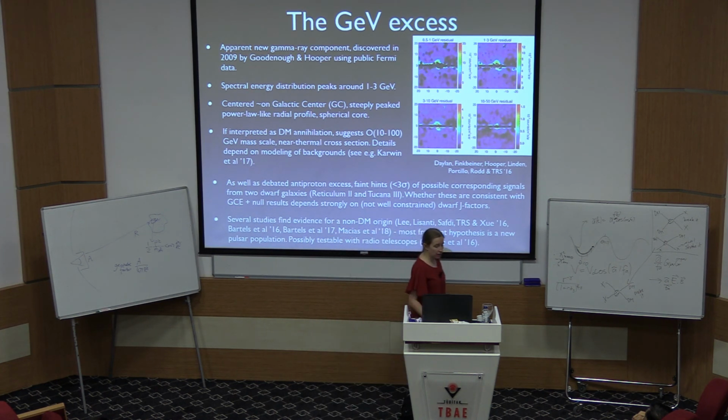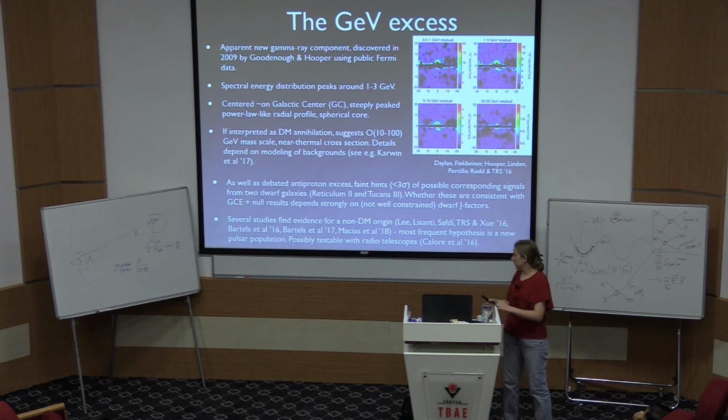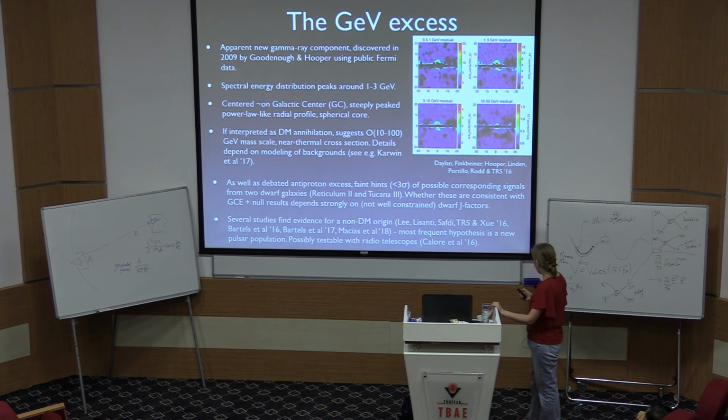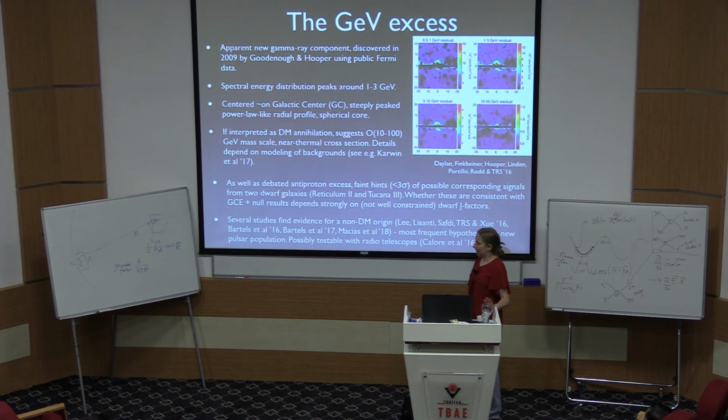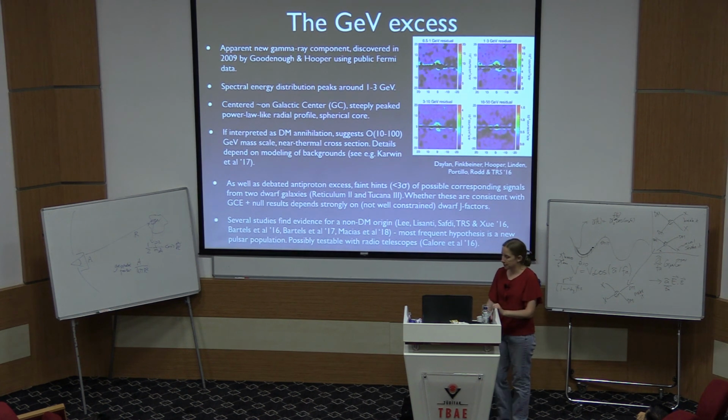There have been a number of studies that claim indirect evidence that this is not coming from dark matter, from looking at the shape of the excess as you move out from the galactic center, and from looking at the level of fluctuations from pixel to pixel within the excess. I think those are good analyses, but they are subject to significant systematic uncertainties on the background modeling.